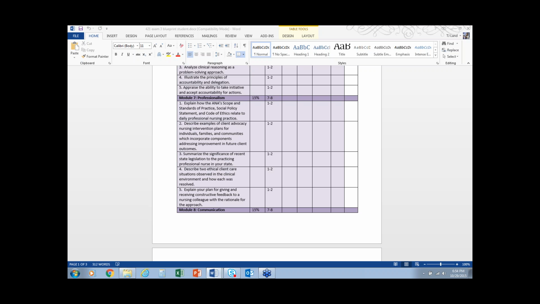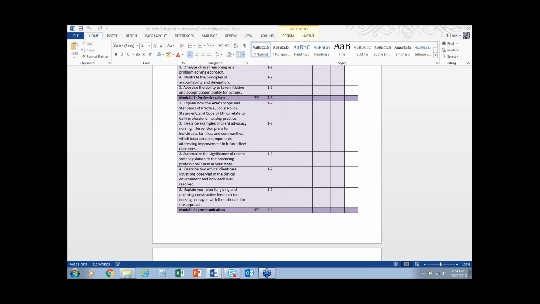This is where you're providing examples of the patient's advocacy and nursing intervention. Essentially, this is what you did in your advocacy assignment. You did the assignment. That shows me that you are able to provide an example of how you go about doing an advocacy and then, of course, implementing nursing interventions and plans.